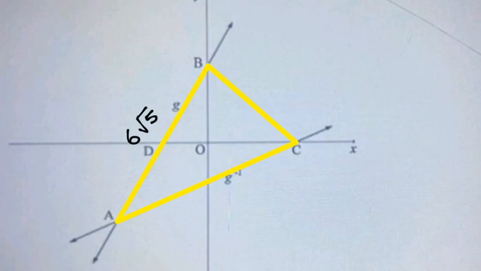You need to know one of the angles, either that one or this one or that one, whichever you want. Alright? Which angle do you want to go after? You want this one?